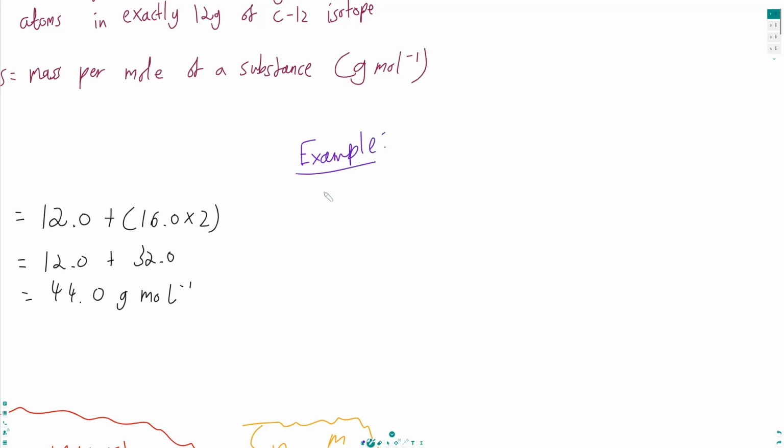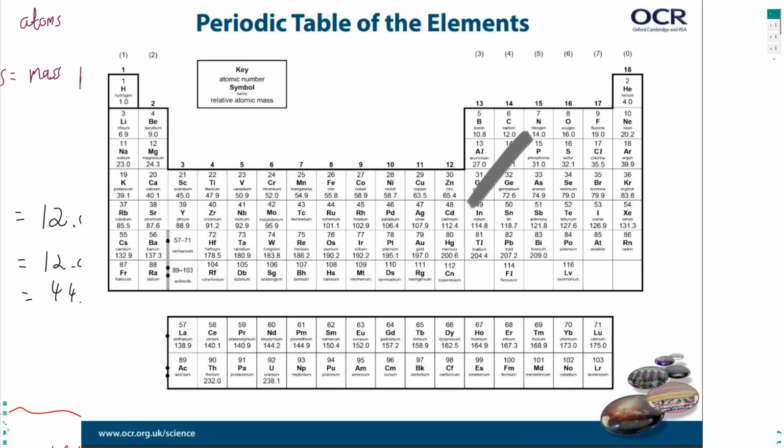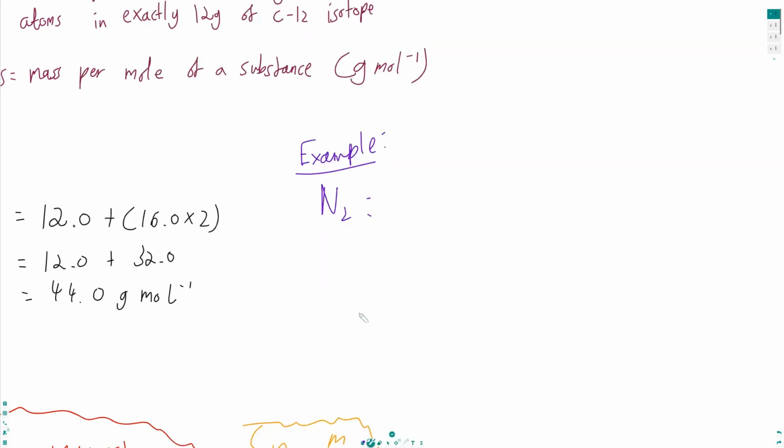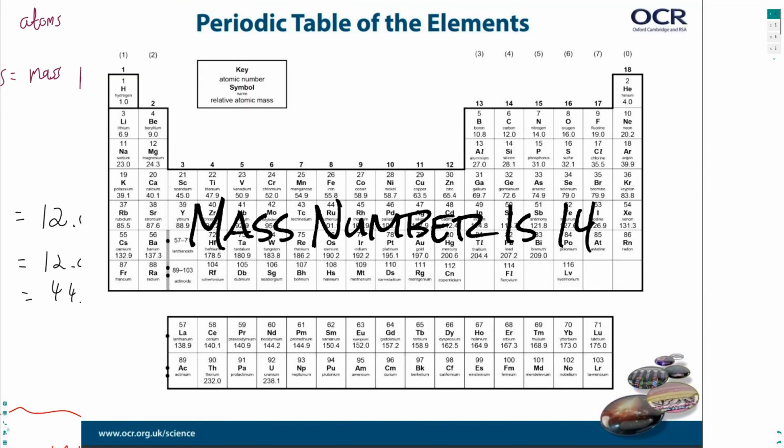If I have a sample of nitrogen, the mass number of nitrogen is 14.